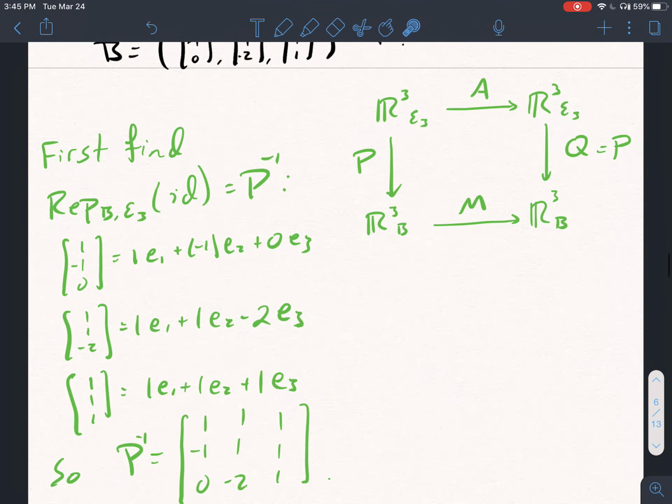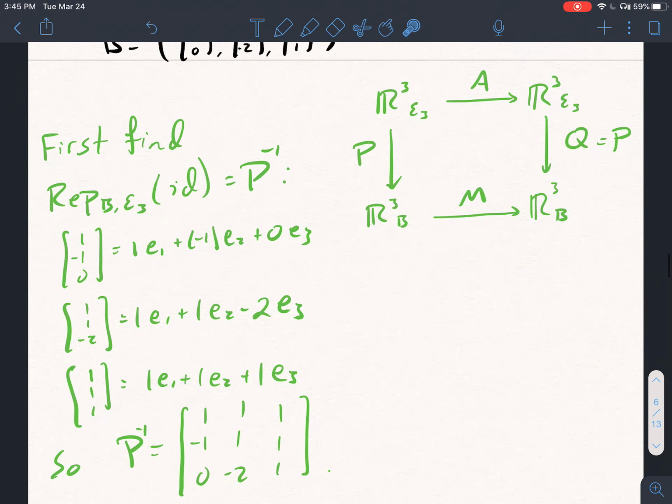So now I put these representations, (1, -1, 0), (1, 1, -2), and (1, 1, 1), as the columns of my representation, which is equal to P inverse. And now I just need to figure out what P is, and I get that just by finding the inverse of this matrix right here.